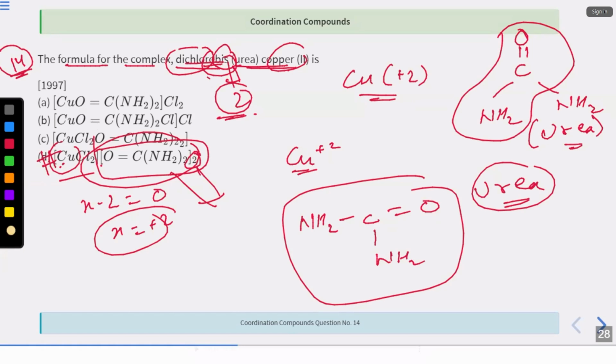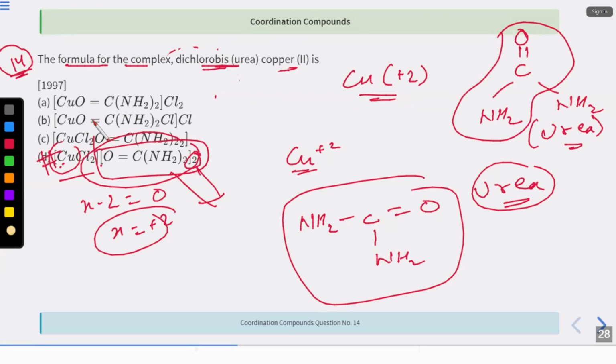Bis means 2, and you must be asking why we are using bis instead of di.